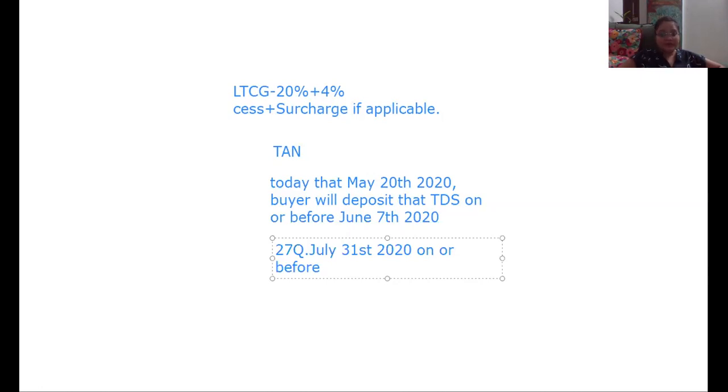So this is to be noted that indexed cost of acquisition is calculated by multiplying the cost of acquisition, the value at which the property was purchased, with the cost inflation index for the year in which the asset is transferred. Okay, so if the sale is happening today in 2020, then the cost of acquisition should be multiplied by the CII, cost inflation index, of the year 2020.